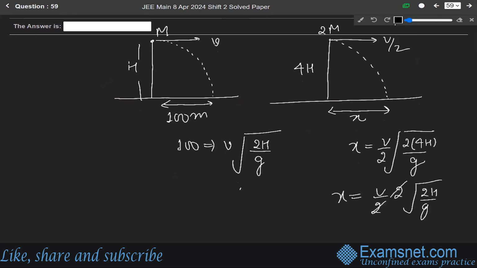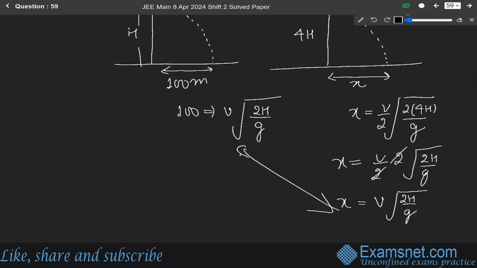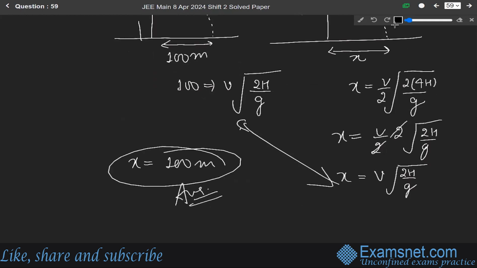This 2 cancels, so x equals v root of 2h over g. Now comparing these two, 100 equals v root 2h over g and x equals v root 2h over g. So comparing, we get x equals 100 meter. Okay, this is our final answer.